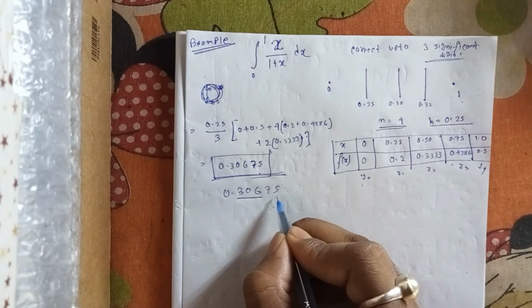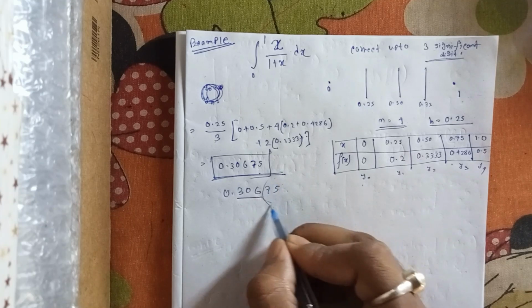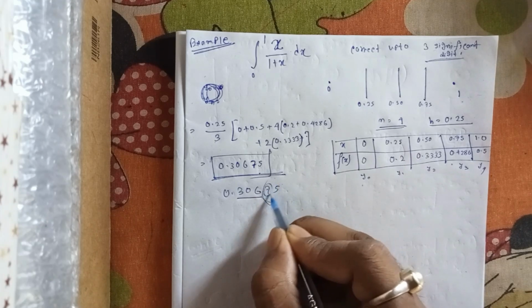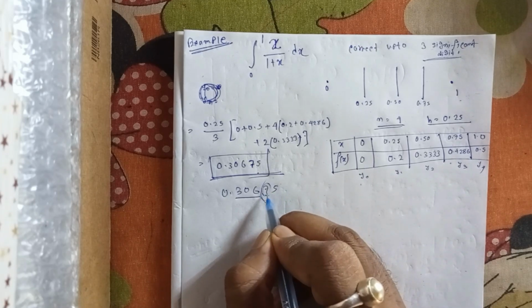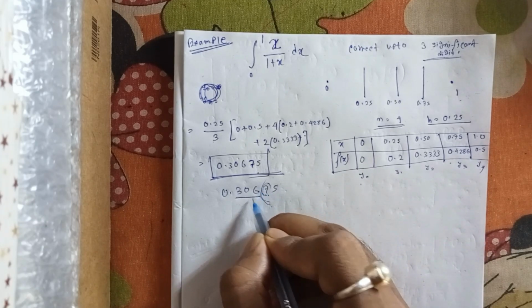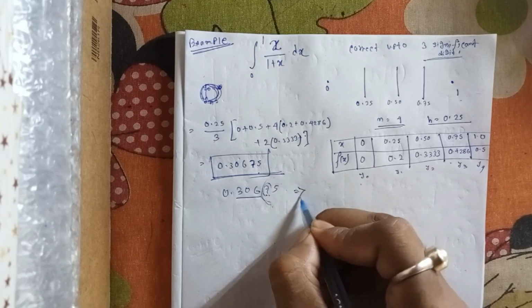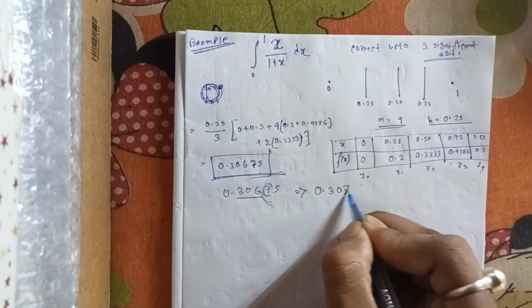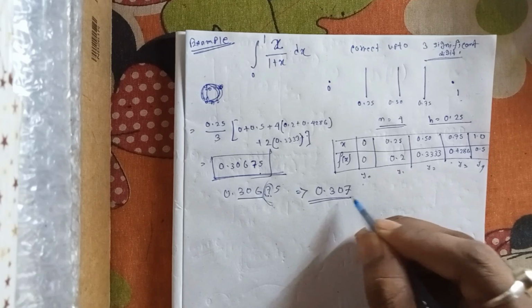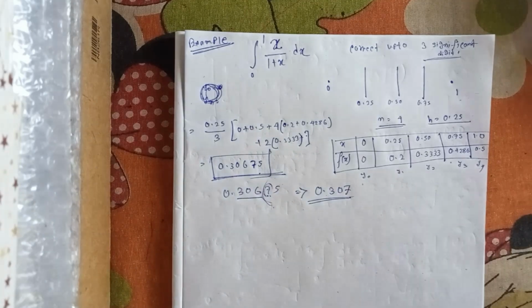Now we will neglect this portion, but before that you need to check whether this number is greater than 5. So when you remove this portion, add 1 to this number: 0.306 plus 1, 0.307. So this is the correct answer, up to 3 significant digits.